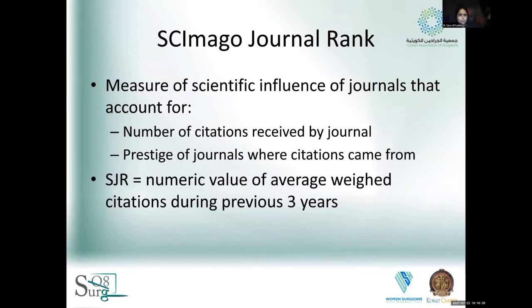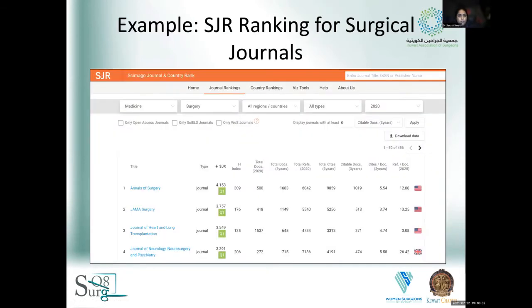We'll talk about why that's important too. Another resource you can go to is the SCImago Journal Rank, which is a measure of the scientific influence of journals. It accounts for the number of citations plus the prestige of the journals where the citations came from, and they use it to calculate the average weighted citations during the previous 3 years. If you go to their website and search for surgery journals, it will rank them from top to bottom.